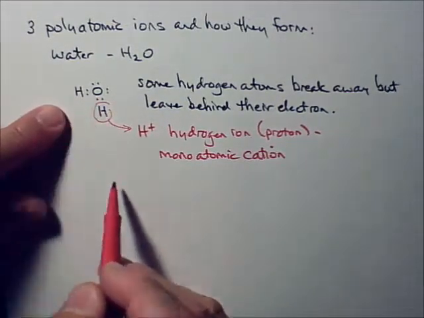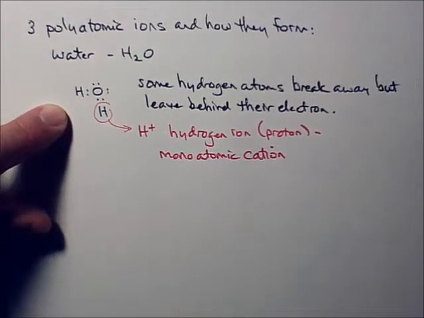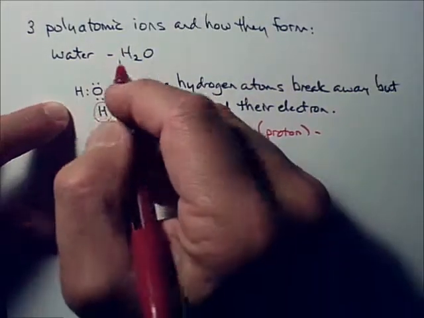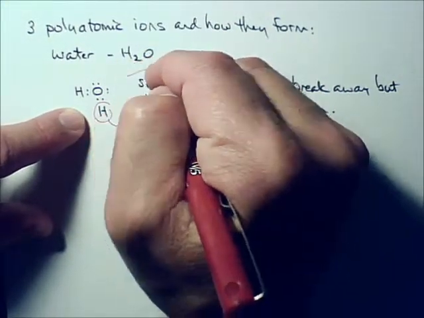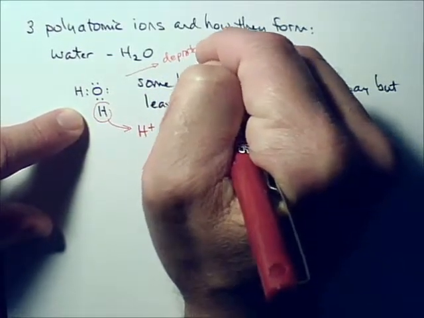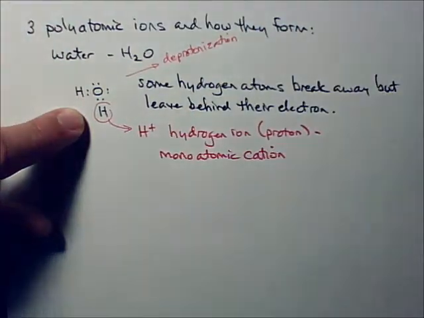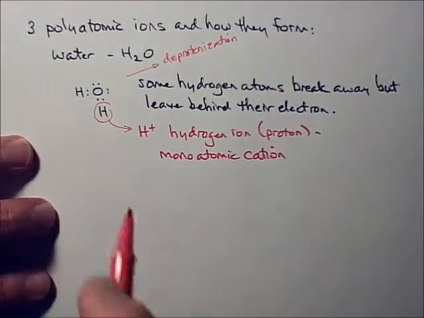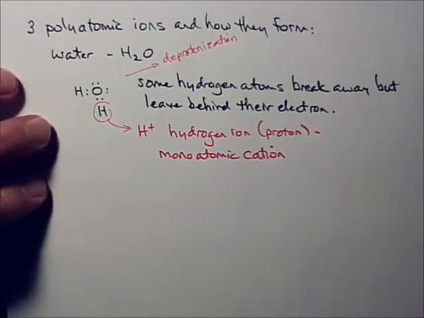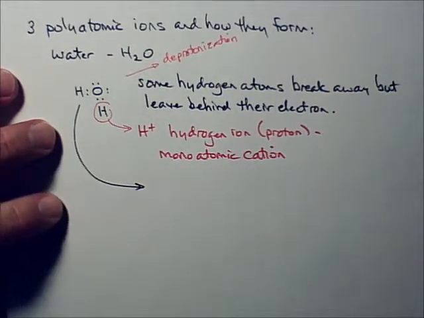So what's left when that hydrogen goes off on its own? The process is called deprotonization, something we talk about a lot when we get to acids. You can also use the word ionization. But if that happens, what's left behind when the hydrogen leaves?